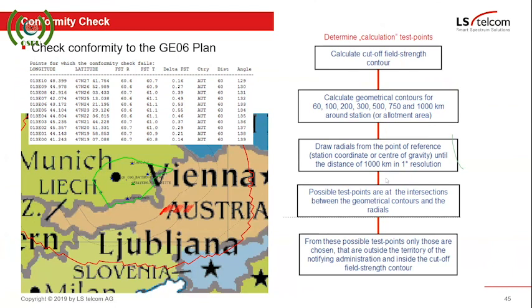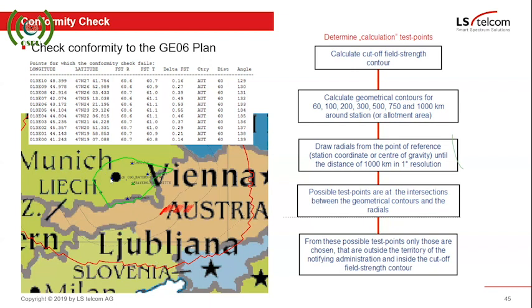reduce the signal strength. Then, if one just looks at the conformity check, and you are looking at if this station needs coordination, you will apply these coordination contours, and it will tell you.